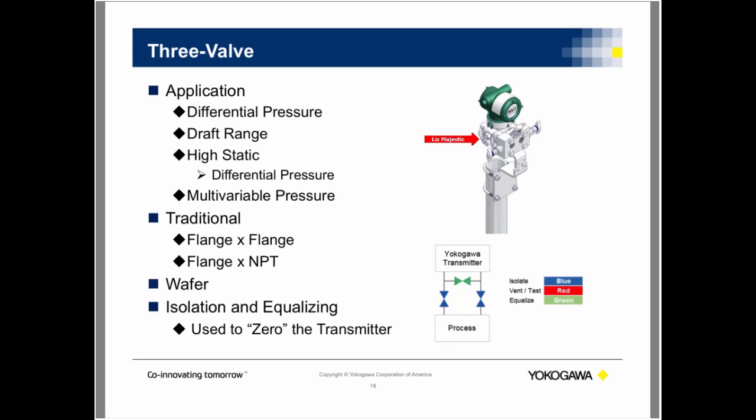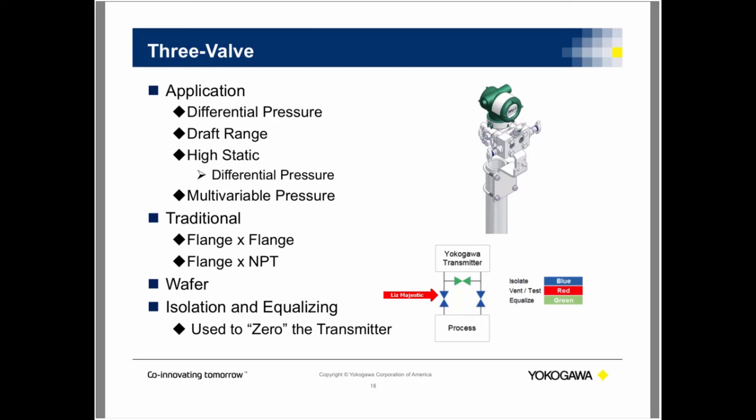So if there are no errors in the operating range, then you want to place your manifold and your transmitter back into service. To do this, you're going to crack the upstream manifold valve slowly until the transmitter is back to line pressure, so the valve should be fully open again.